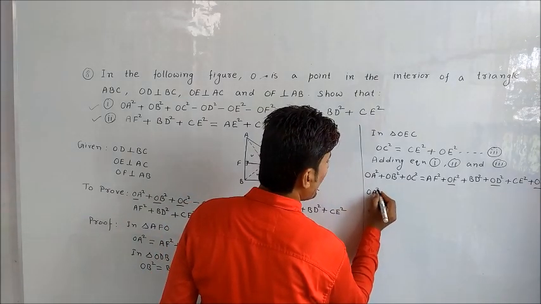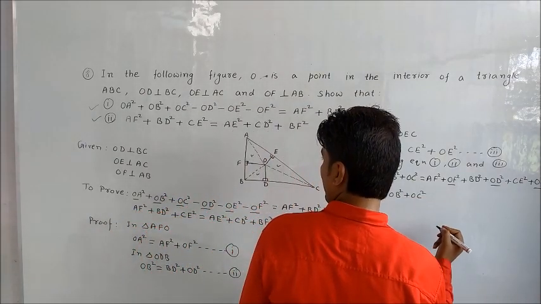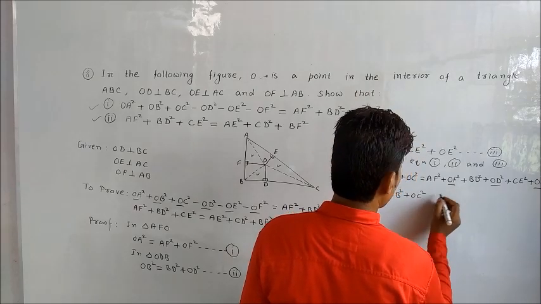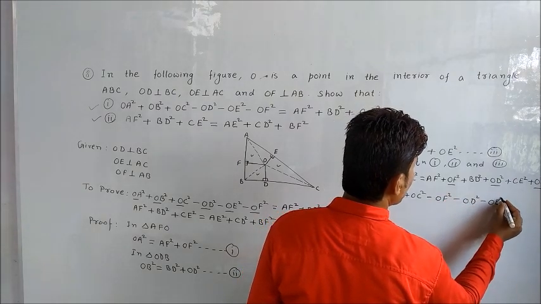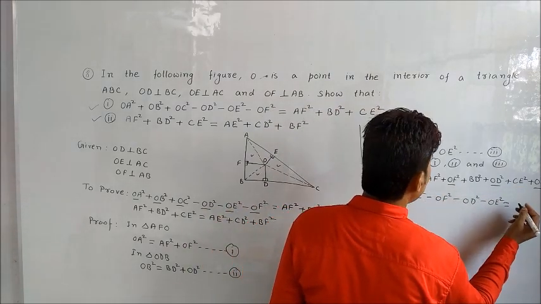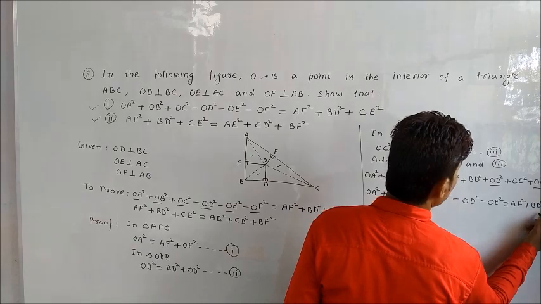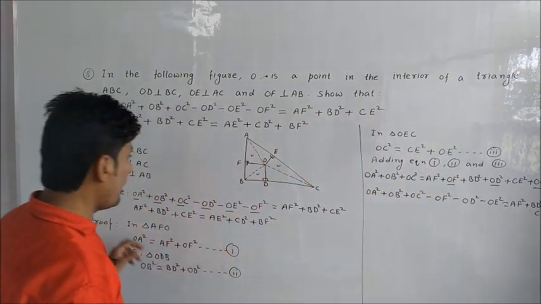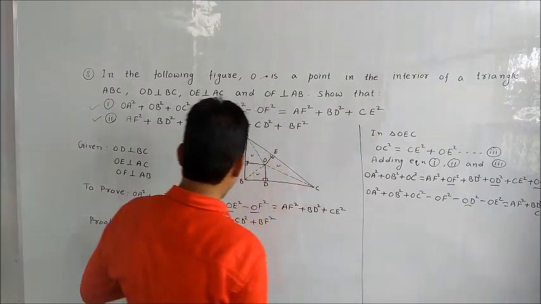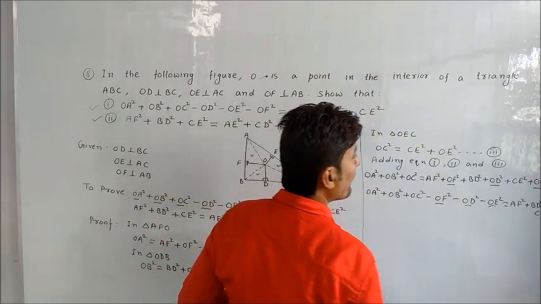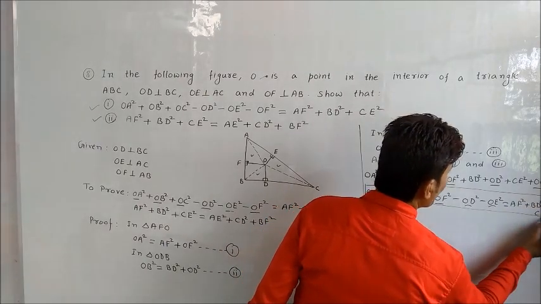So OA square plus OB square plus OC square minus OF square minus OD square minus OE square will be equal to AF square plus BD square plus CE square. So the first part is proved.